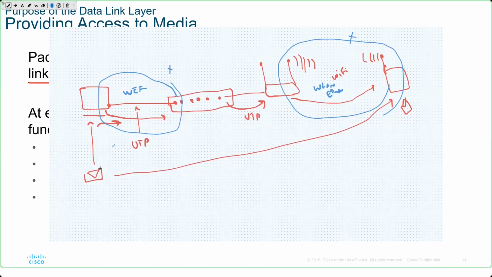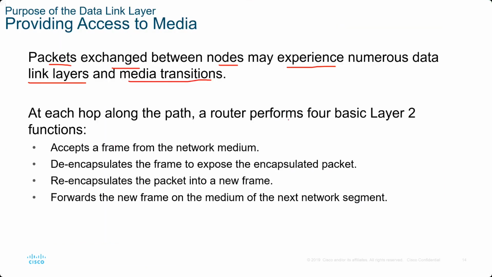So for this packet to go from here to there, this is called a hop. Any device between a connection is called a hop. So this is one hop, this is another hop, and this is another hop. Every time this packet has to go through a hop, it has to do these functions. A router specifically will perform basic layer 2 functions. So it accepts a frame. In order to clearly explain it, let's now create the same example, but with routers.